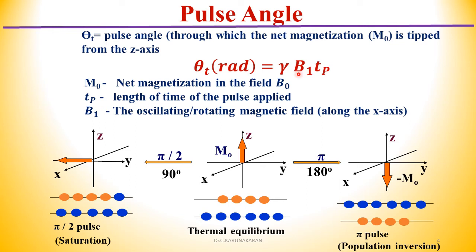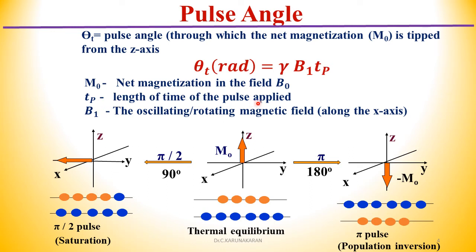It is the oscillating, rotating magnetic radio frequency pulse, B1. It will be given. And what is tp? tp is the length of time of the pulse applied, how long the pulse is applied. For example, if you apply for a long time, then it will be tilted to the minus z-axis.